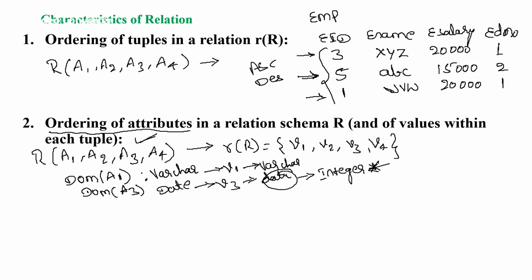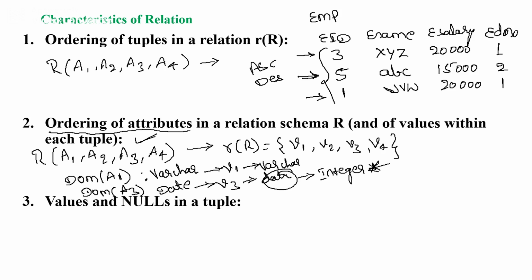The third characteristic of a relation is values and null values in a tuple. Each value in a tuple is atomic in nature. That is, all the values we insert into the table are not divisible.